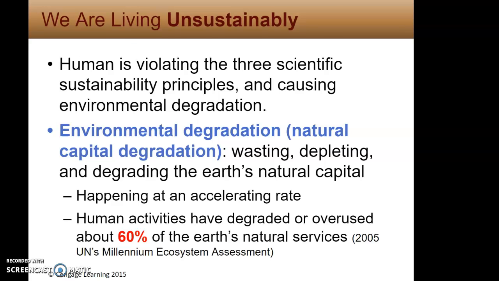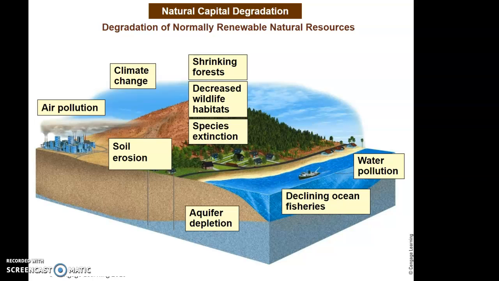So, 60%. This visual picture helps you remember what natural capital degradation is, which is also called environmental degradation. Such as climate change, did we cause this one? Yes. Did we cause soil erosion? Yes. So if you mention all those items in this diagram, we are guilty of all of them.